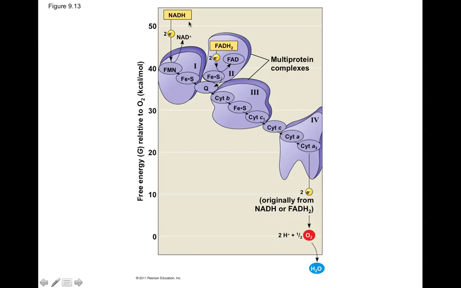They drop those off at multi-protein complex 1. FADH2, which you remember was getting electrons in the citric acid cycle, is dropping off its electrons at multi-protein complex 2. They have a little bit less free energy than the NADH electrons, but they are all going to meet up again in multi-protein complex 3.